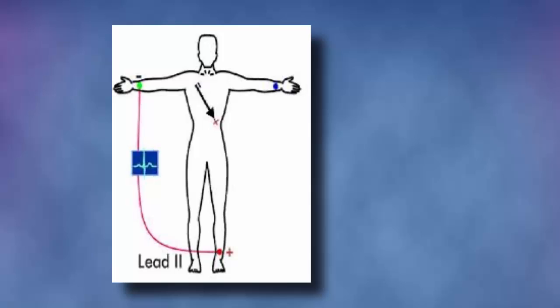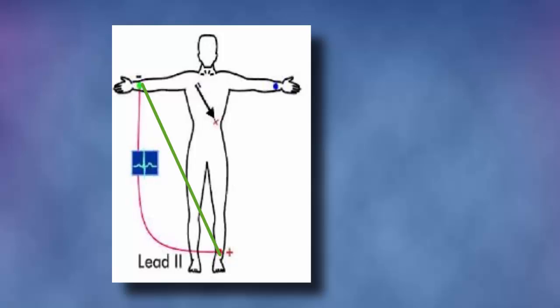You might notice the large arrow in this person's chest with a negative and a positive pole. What this is showing is the average direction of the wave of ventricular depolarization. Also notice the electrode placement is almost perfectly parallel to the direction of depolarization.